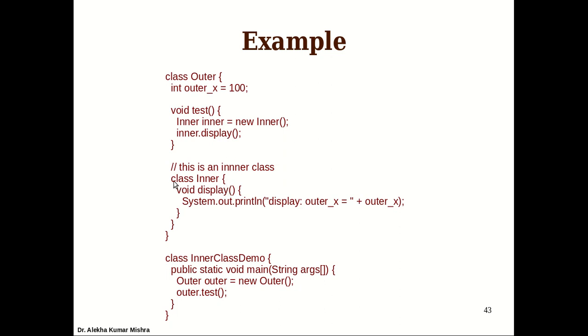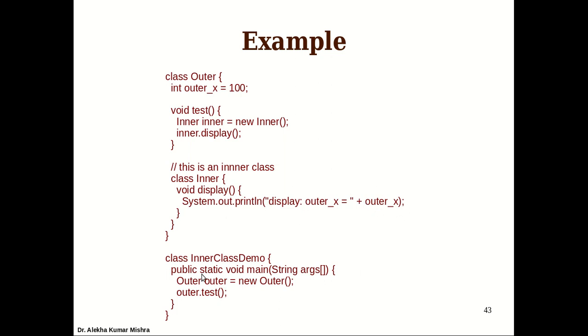Then comes the inner class, the nested class. We have defined the method display to display outer X. As we defined, the nested class can access all the members of the enclosing class, so it prints the value of outer X in the display method.